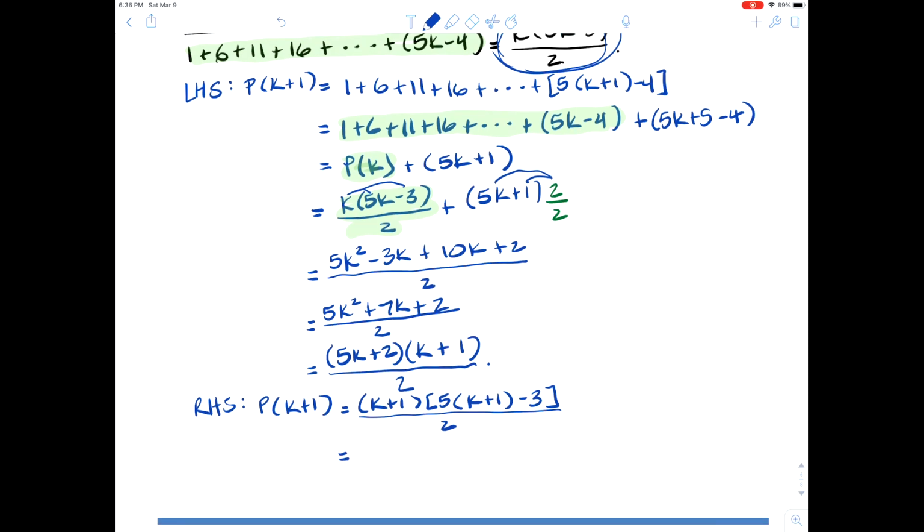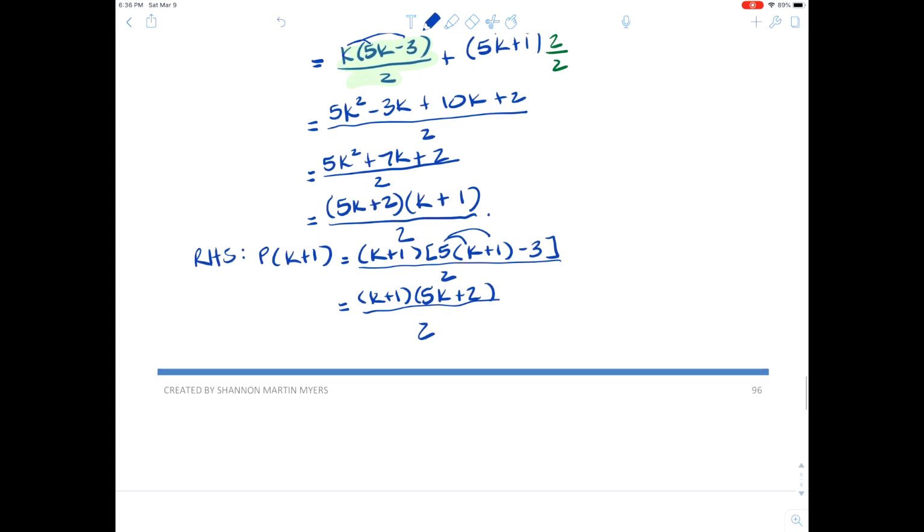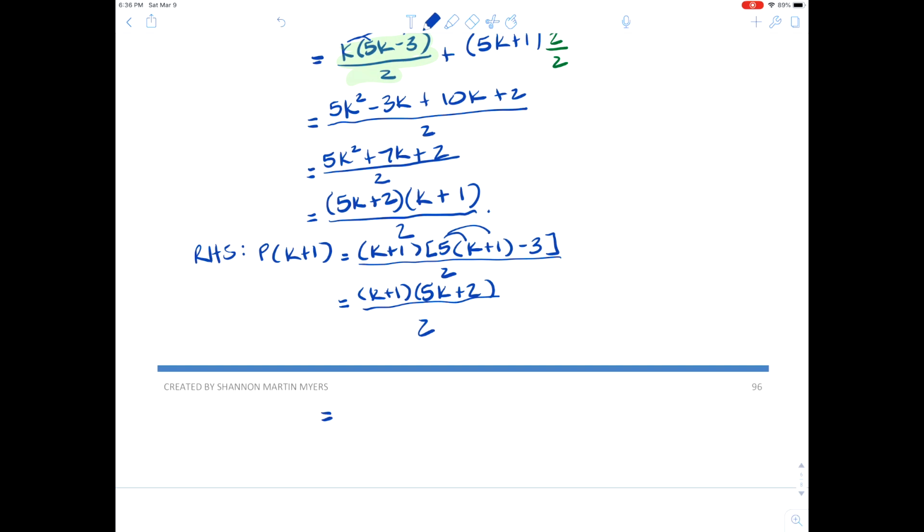So we'll have K plus 1, and then when you distribute the 5 through that quantity, you're going to have 5K plus 5, and then minus 3 will give us (5K plus 2) over 2. But what is that? If you commute those factors in the numerator, we'll have (5K plus 2) times (K plus 1) over 2. So we've shown what we needed to show.